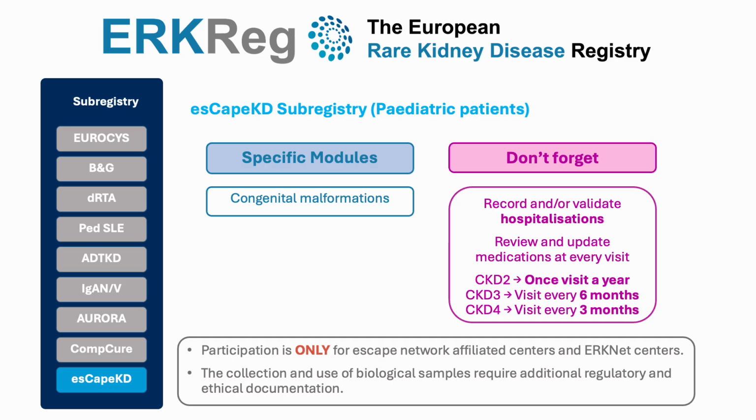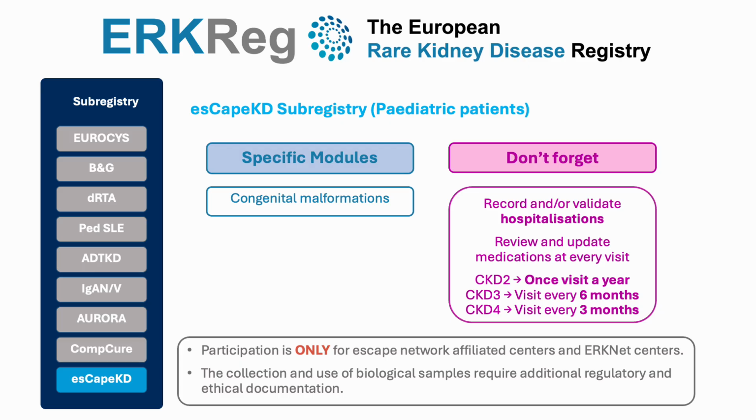The SCIP-KD subregistry is dedicated to pediatric patients with chronic kidney disease. Unlike the other ERKReg subregistries, it is not focused on one specific disease or disease group, but on pediatric CKD as a clinical condition across different underlying kidney diseases.